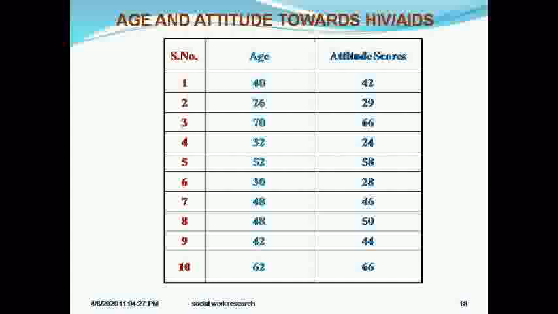Now, here we have an example: age and attitude score. In column number 1 you find the age of the respondent, and the second column is the attitude score. We can find out the correlation between age and attitude, whether there is any relationship between the age of the respondent and the type of attitude he or she holds.